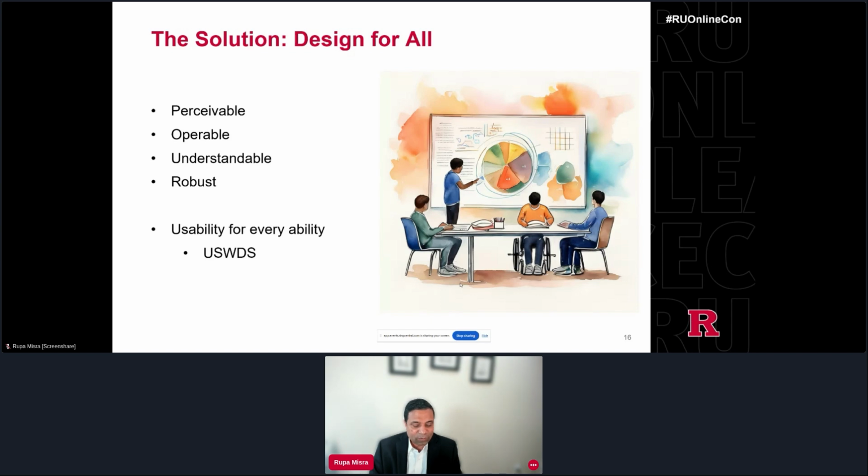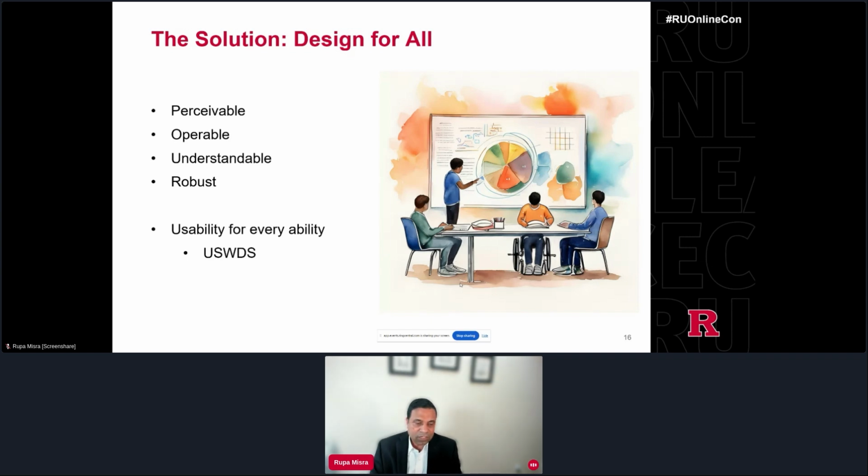Operable: users must be able to operate the interface. Understandable: users must be able to understand both how the user interface operates and the meaning of information presented. Robust: users must be able to access the content as technologies advance. As technologies like browsers and other assistive technologies evolve, the content should remain accessible.